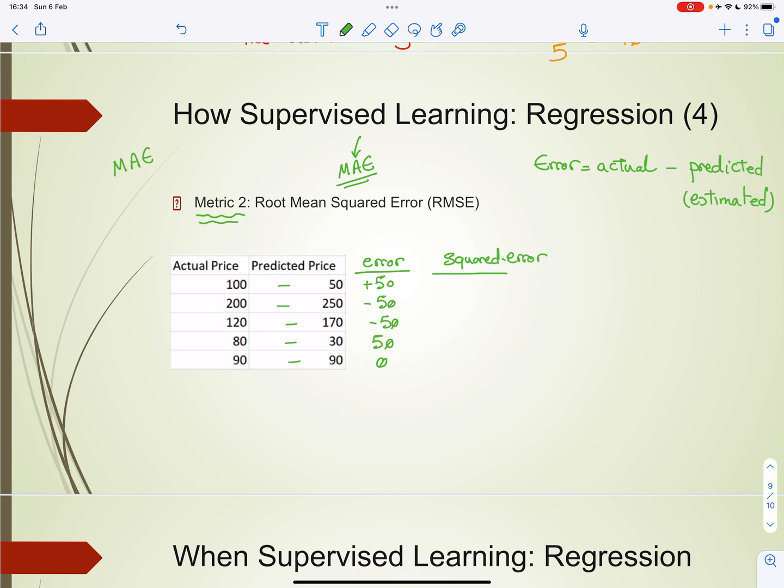Squaring means multiplying the value by itself. So for these it would be 2,500, 2,500, 2,500, 2,500, and 0. And then we can sum them up, which gives 10,000. But again we would have the problem of this number growing with the number of cases, the number of predictions.